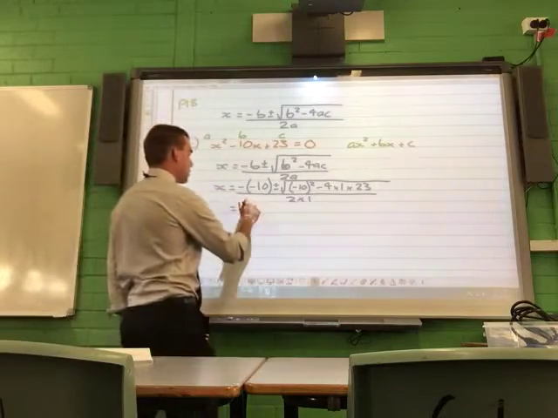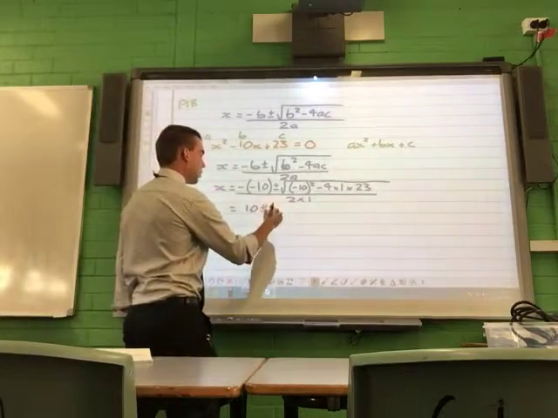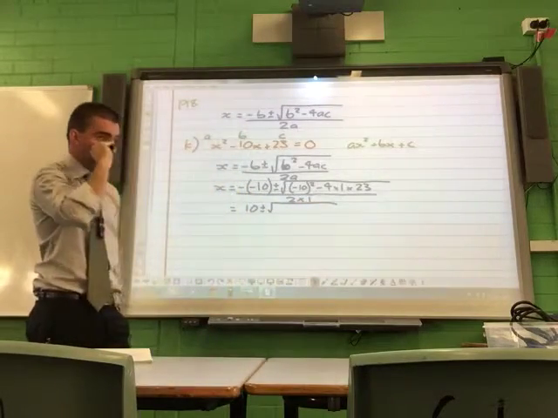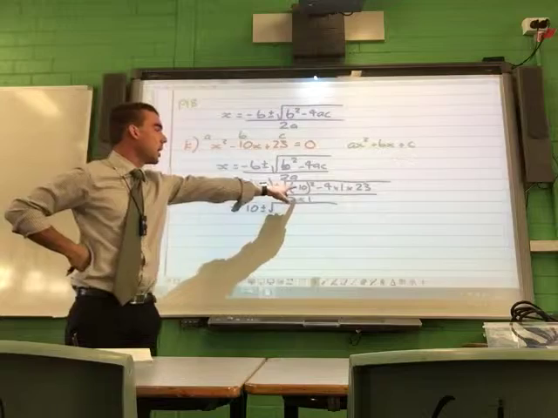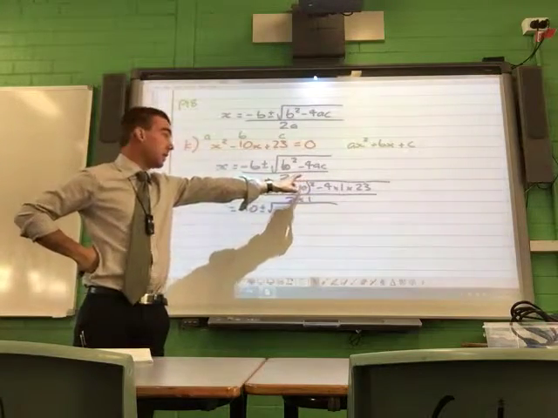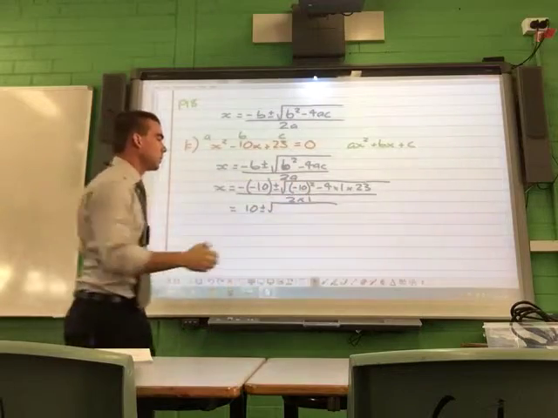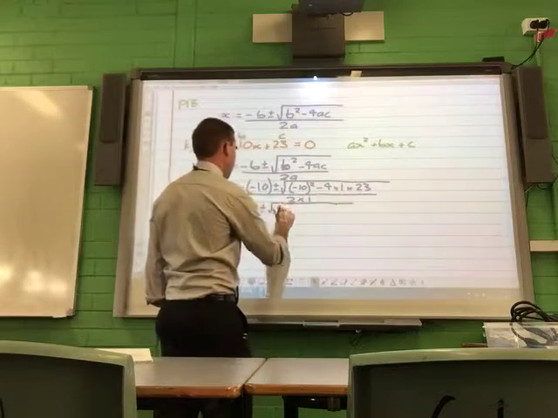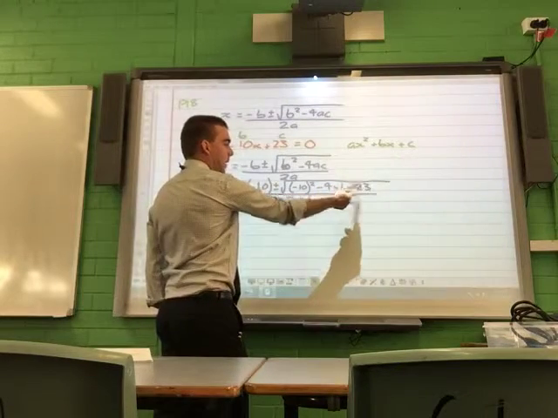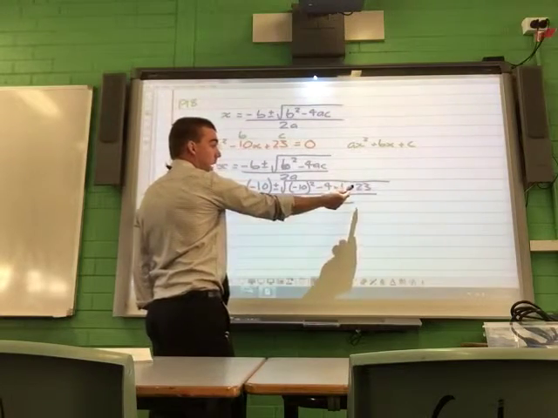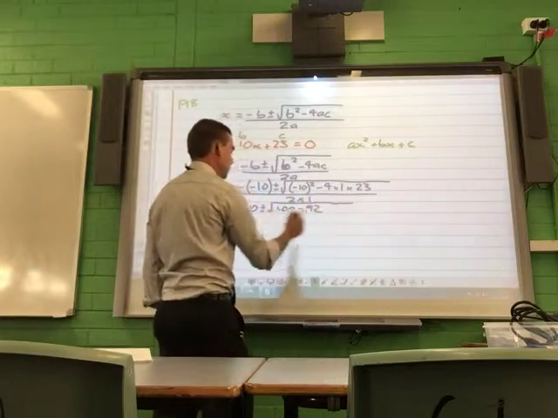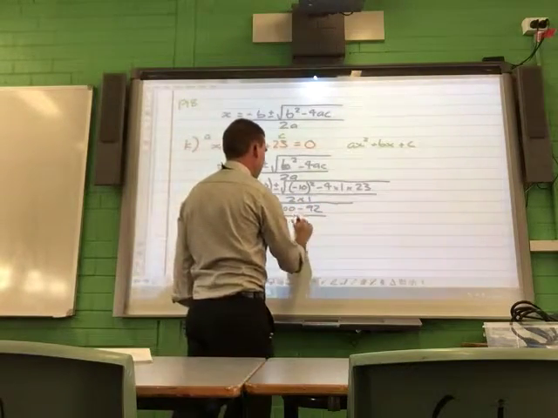So x equals 10 plus or minus the square root of negative 10 all squared, which is negative 10 times negative 10, which is 100, take away 4 times 1 times 23. So 4 times 20 is 80, 4 times 3 is 12, so 92, all over 2.